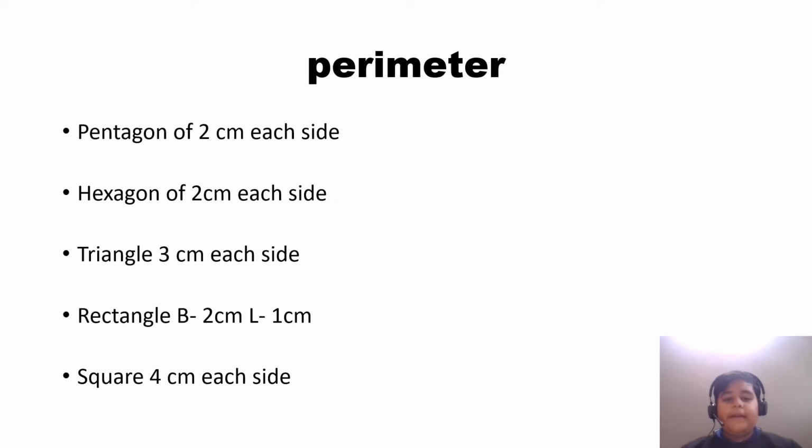First is a pentagon of 2 cm each side. It means a pentagon has 5 sides and 2 cm of each side, so we have to multiply 5 into 2, which will be equal to 10 centimeter.